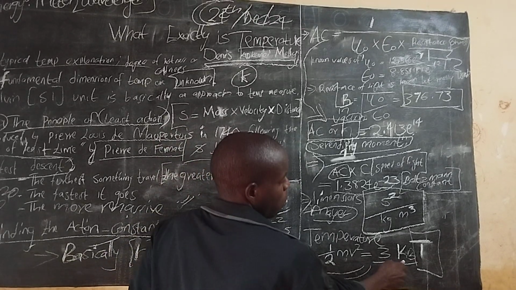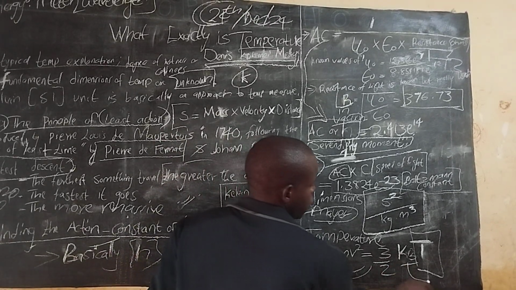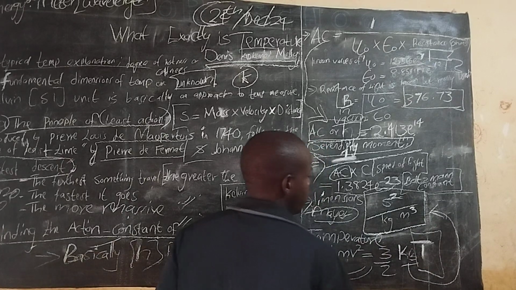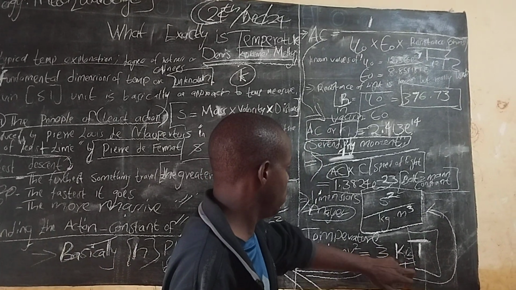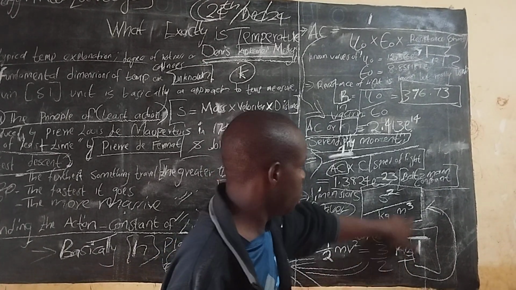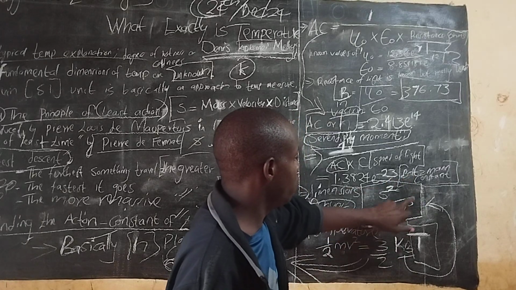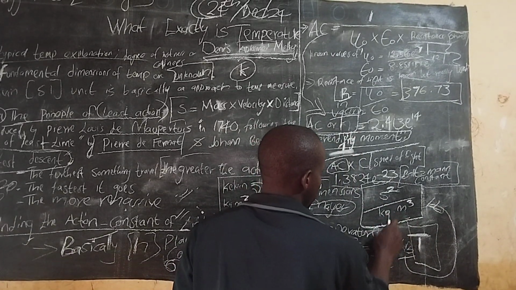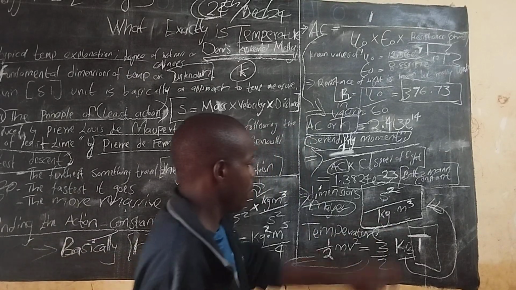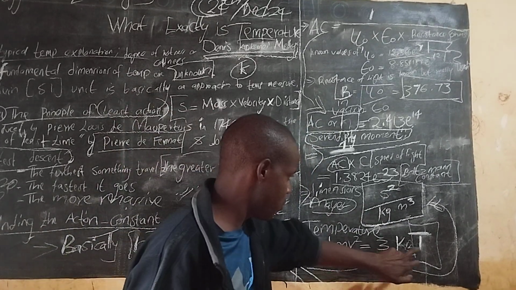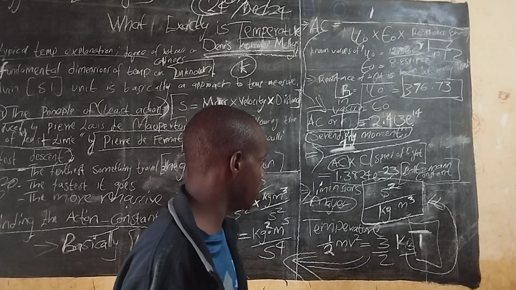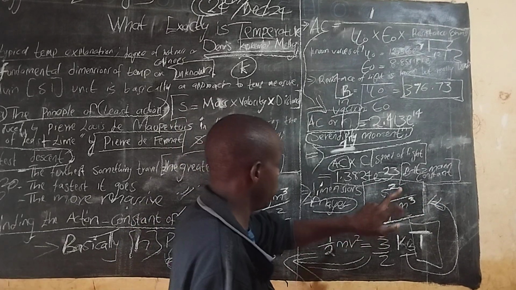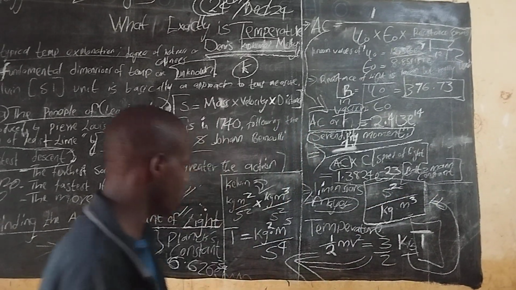Since we know what the Boltzmann constant value is equal to, we have proven Kb, the Boltzmann constant, which is equal to s squared divided by kg multiplied by m raised to the power of 3.